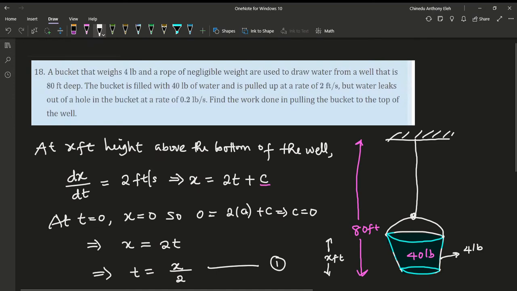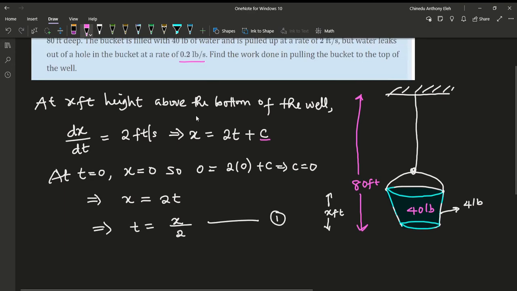Alright, now we are told that water leaks out of the bucket at a rate of 0.2 pounds per second. What does that mean? As the bucket rises above the bottom of the well, the amount of water in the bucket decreases, right?